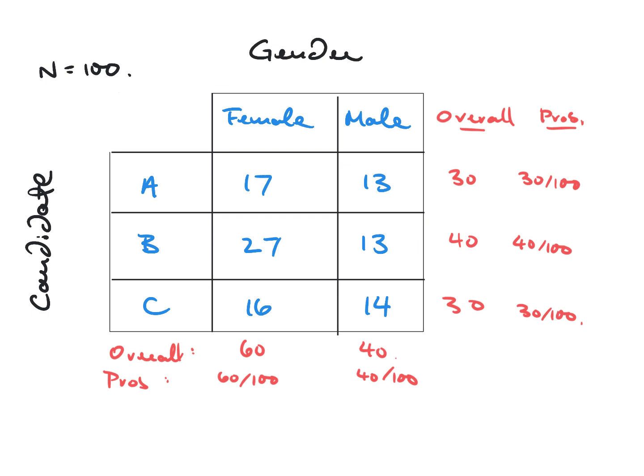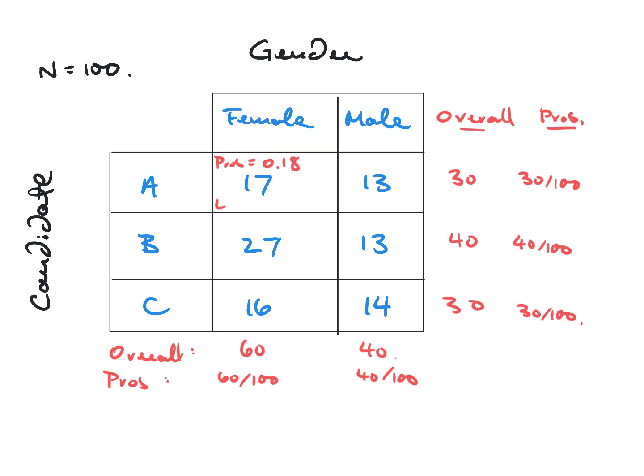Okay, so we can do this in two ways. First is maybe think about the probability of being female and liking candidate A, if the hypothesis is true, would be 0.3 times 0.6 equals 0.18.